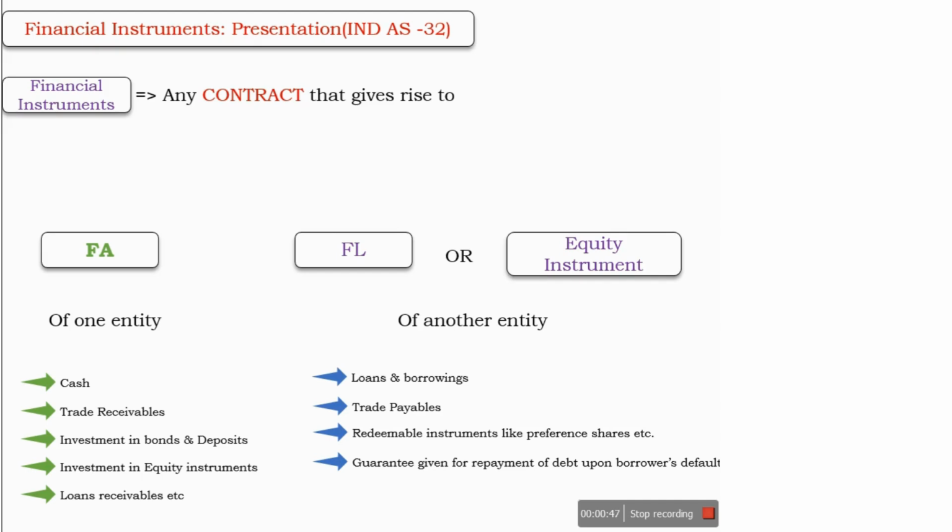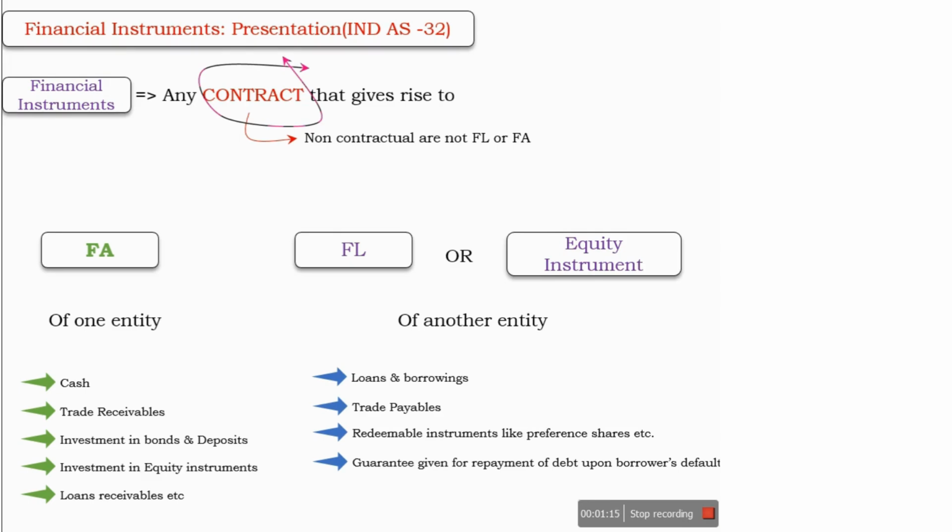In the definition of financial instrument, we need to focus on the word contract. The generation of a financial asset, financial liability, or equity instrument is because of the contract. If there is any liability or asset that is generated apart from a contract, it is not classified as a financial asset or financial liability.